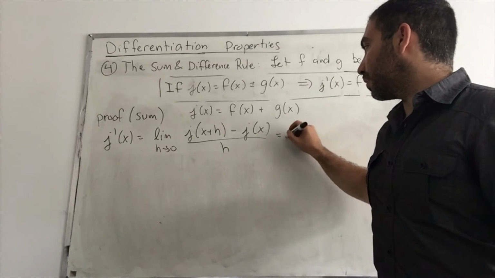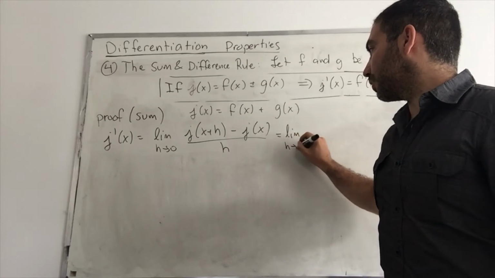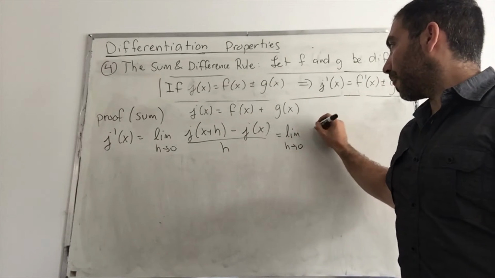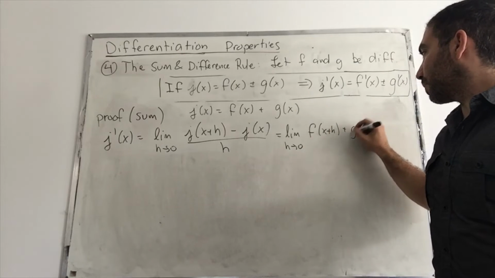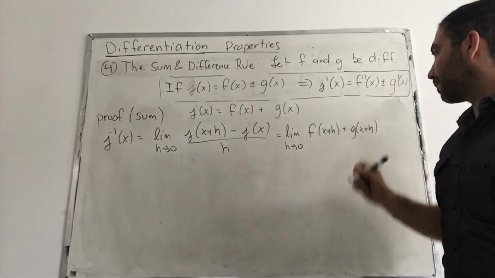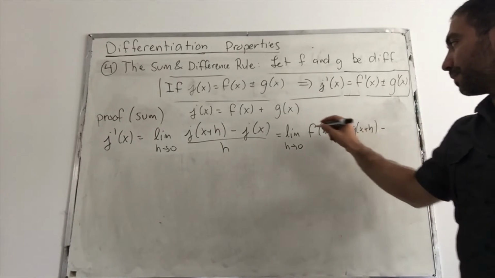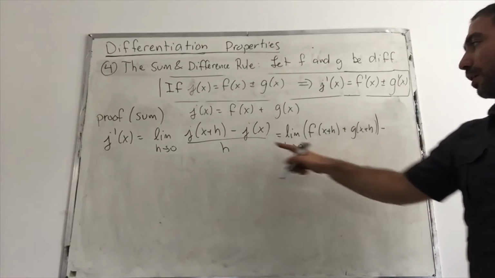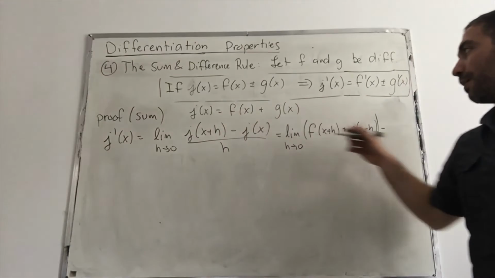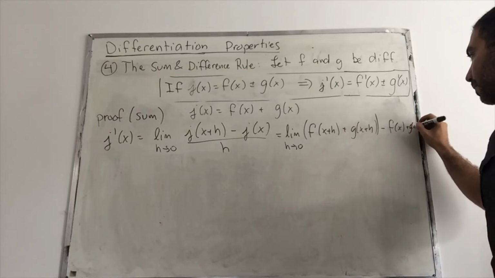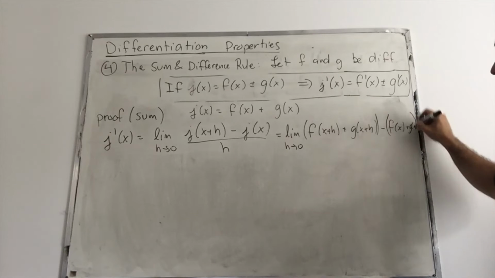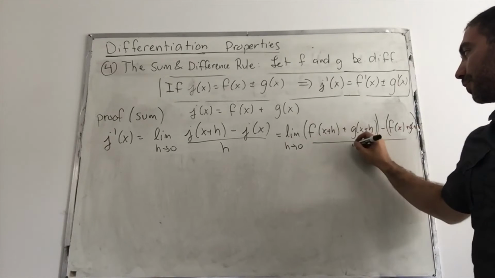So what we get here is the limit as h tends to 0 of f of x plus h plus g of x plus h minus, let me put this in brackets, our j of x, which is essentially just f of x plus g of x. Since there's a minus, I'm just going to put this in brackets. All this divided by h.